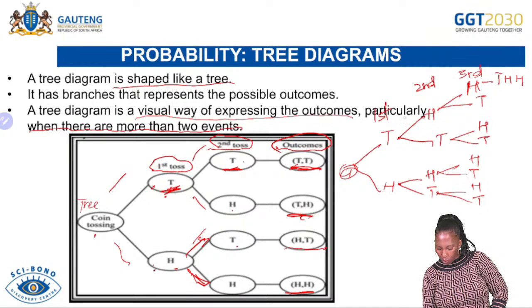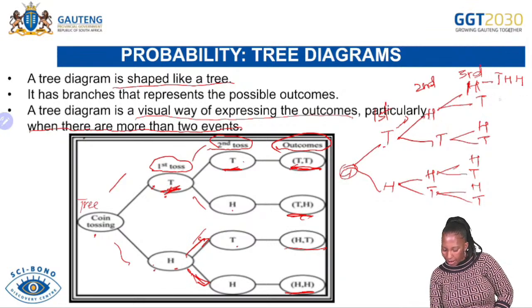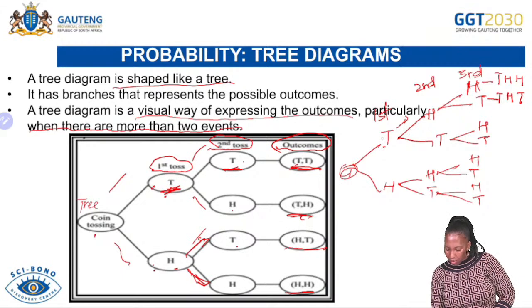And then on this one, the first one, from here, it will be 1, 2, 3. And then here, because remember now I've tossed the coin 3 times, it will be a tail. What I'm expecting here, my outcome, will be a tail, a head, and a tail, the combination. On this one, I get this combination of tail, tail, head. And then here I have tail, tail, tail.